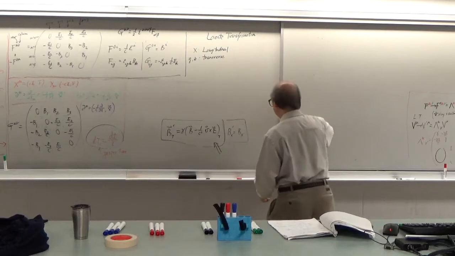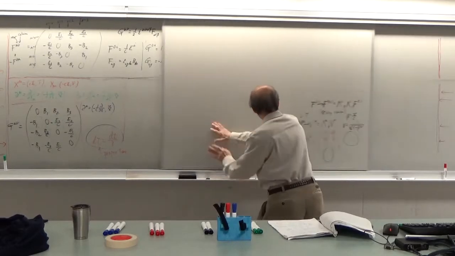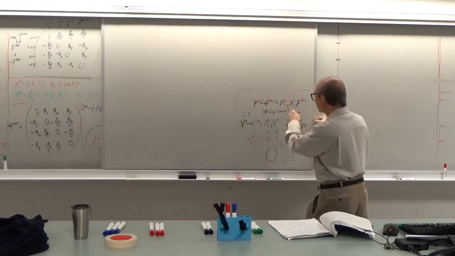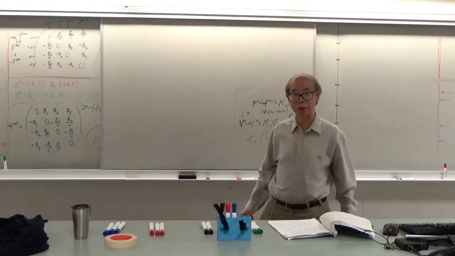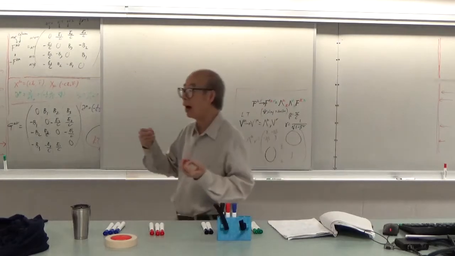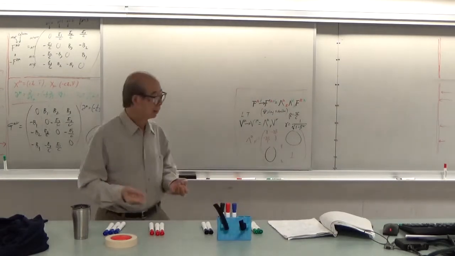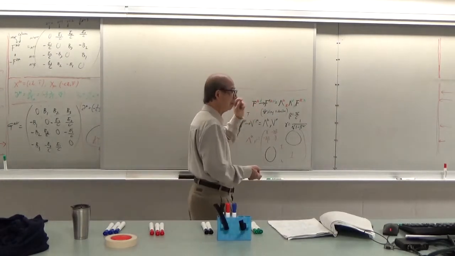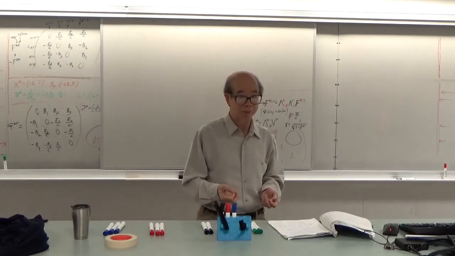And we also make use of the fact that tensors transform under Lorentz transformations just as products of vectors. And we know how the vectors transform. Therefore, we know how the second rank tensor F mu nu transforms.